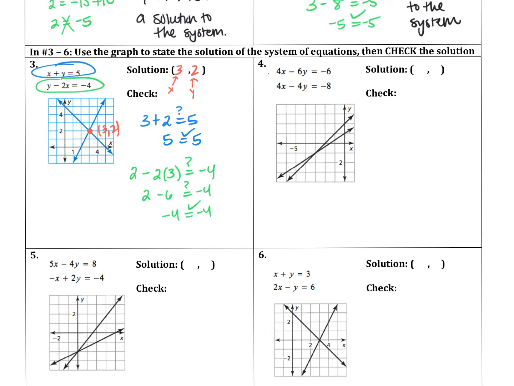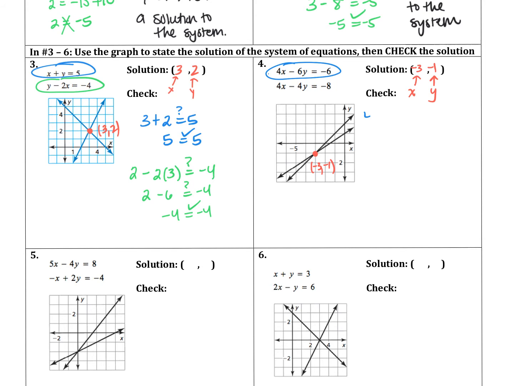Number 4, I'm going to find where these lines intersect, which is right here. And that intersection point is at -1, 2, 3, -3 over, -1 down. So -3, -1. I'm going to plug in x for -3 and y as -1. Let's check the two equations.